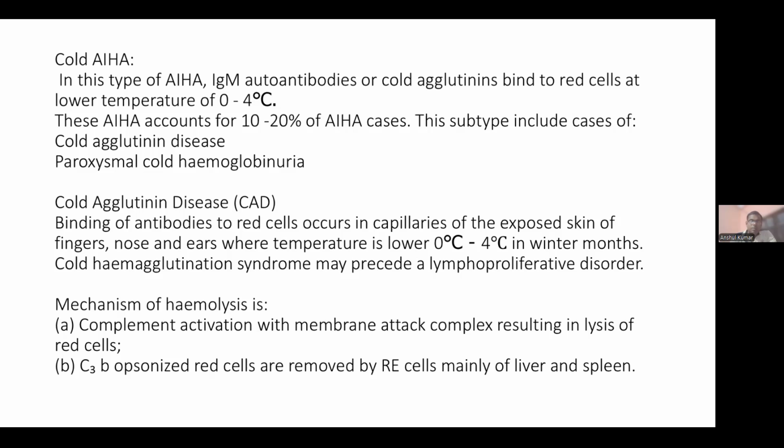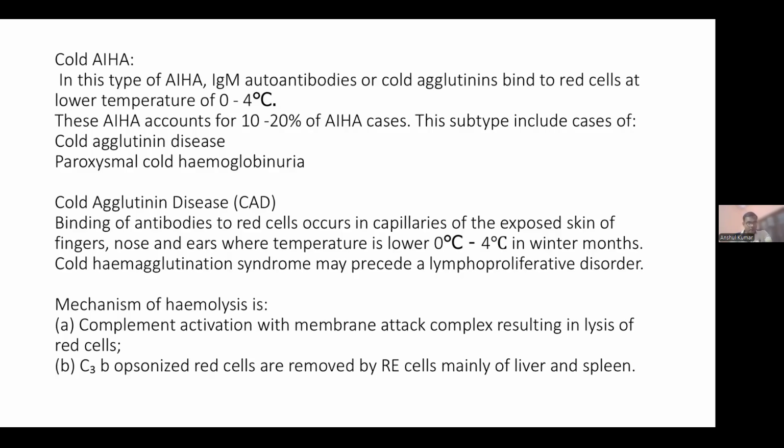So basically, the peripheral parts of the body get affected in cold AIHA cases. Then digits become purple with numbness and this is reversible upon warming. Numbness means there is no sensation or feeling, but it recovers as the body part is heated.